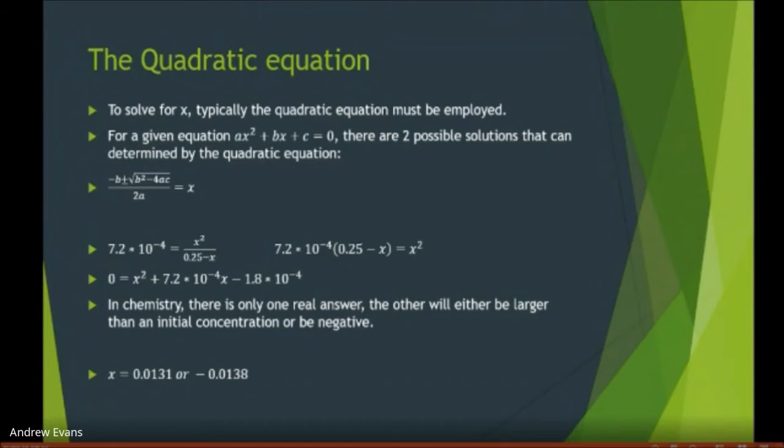Now, had you used the shortcut for the quadratic, what you would have gotten is 0.0134, which honestly is not that far off, but sometimes that little bit changes things.